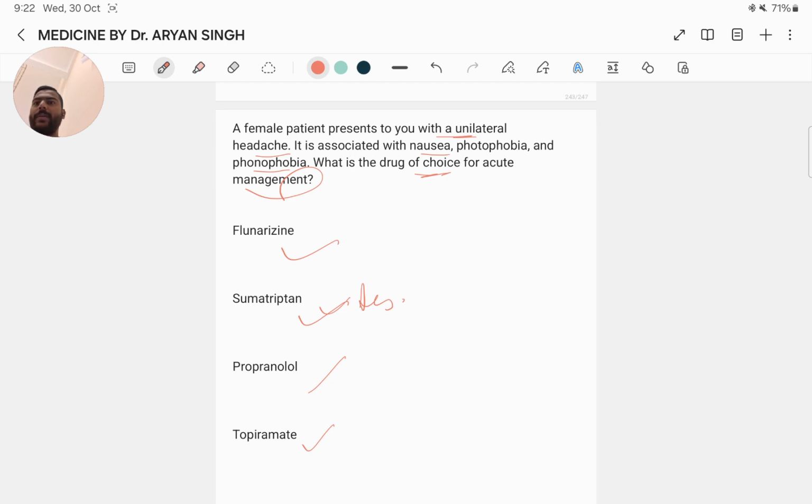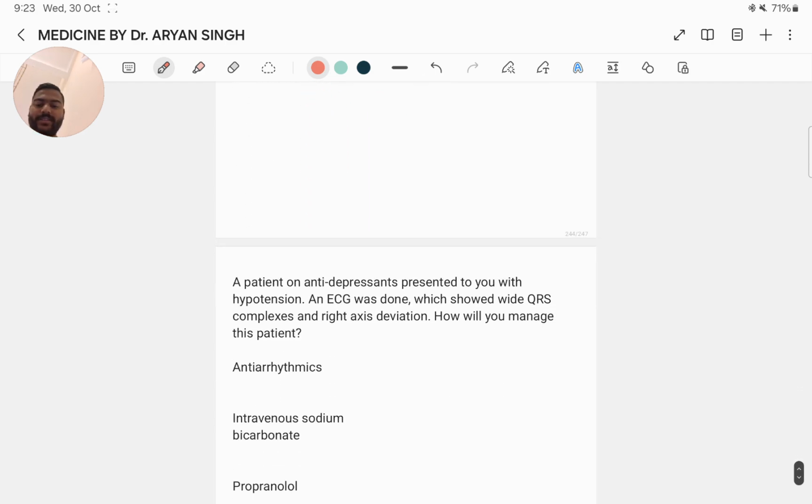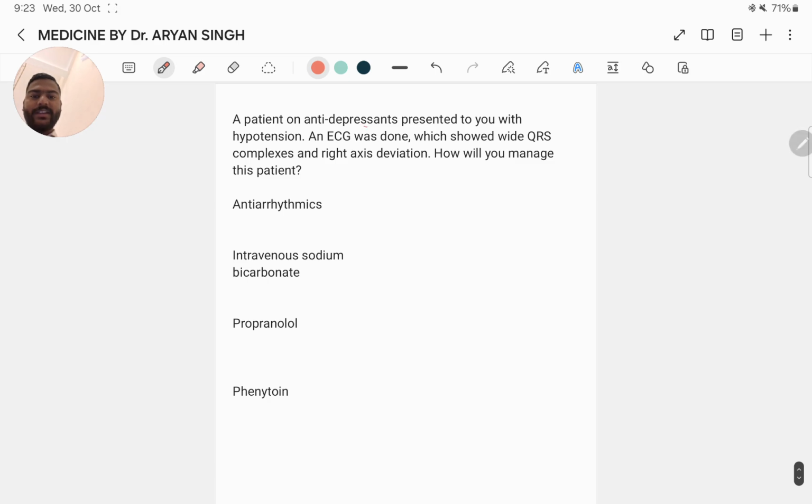The release of vasoactive peptides such as calcitonin gene related peptide by the trigeminal nuclear cells is the theory used to explain the pathogenesis of the condition, and the neurotransmitters serotonin and dopamine also play a part.